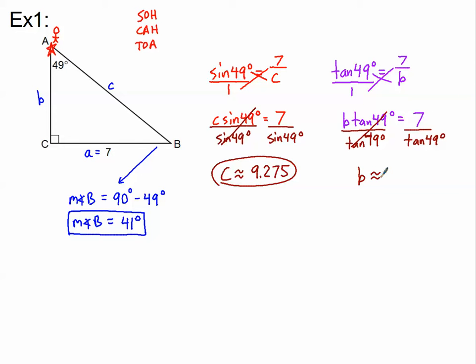When I plug that into the calculator, I should get 6.085. This time, of course, I'm using the tangent button. Close the parenthesis, and of course be sure you are in degree mode. We have just solved this triangle. I gave you 3 measures, and you solved for the other 3 measures.